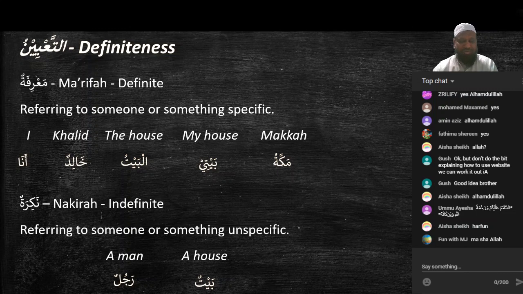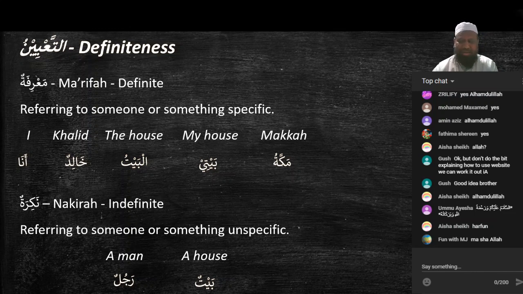Bayti, my house, a specific house that belongs to me. I'm not talking about any house. Makkah or Makkatu, specific name of a town I'm talking about. I'm not talking about any town. Okay? So ma'rifa referring to someone or something specific. Number two, nakiratun or nakira, indefinite. Sometimes we use common nouns. So nakira will be common nouns or indefinite, referring to someone or something unspecific.